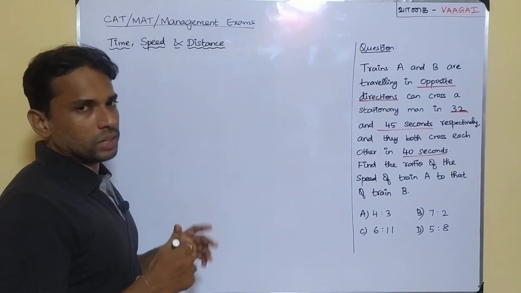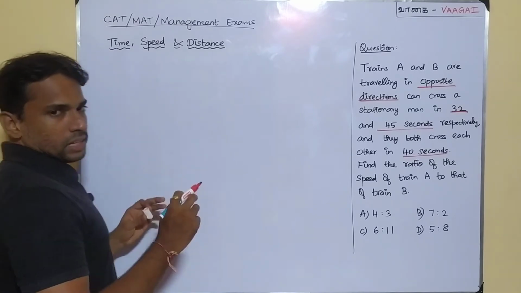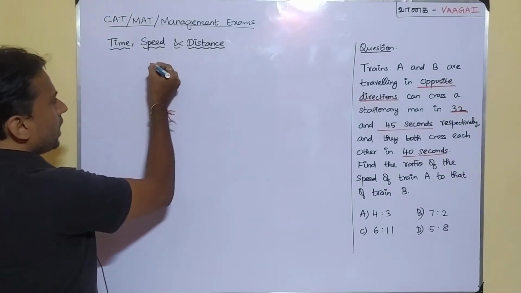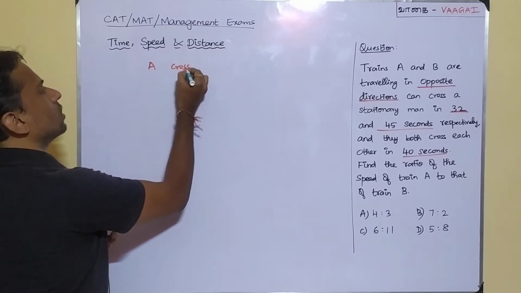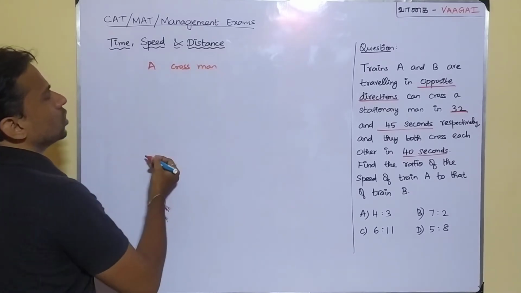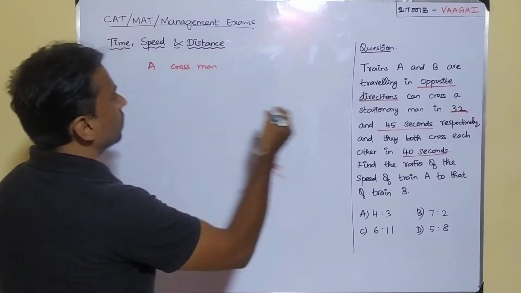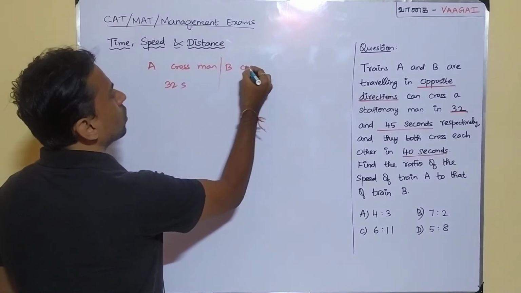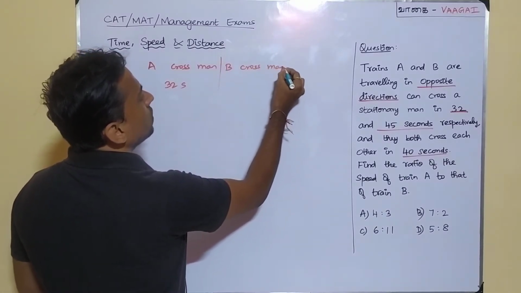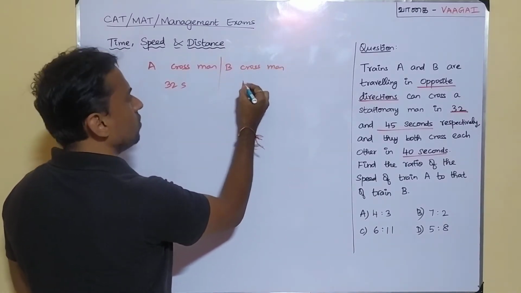So we'll clearly note down the data here. We have got three things. First, train A to cross the man, we are given 32 seconds. Next, train B to cross the man, it is taking 45 seconds.